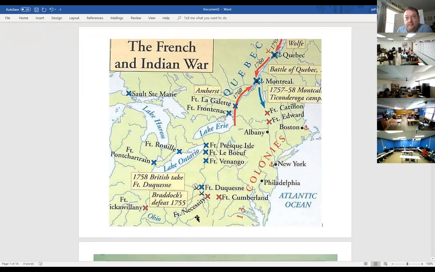And they then stayed in Fort Necessity. That was a colonial fort, very close to the French fort. Well, the French sent a stronger regiment to fight and defeat Washington and his men. And this was the beginning of the French and Indian War, 1754, sometimes referred to as the 7 Years' War.